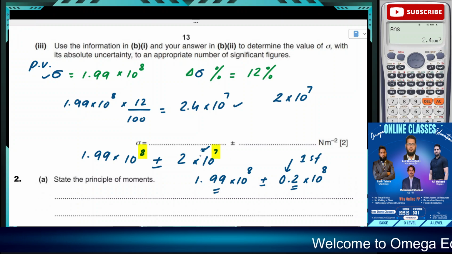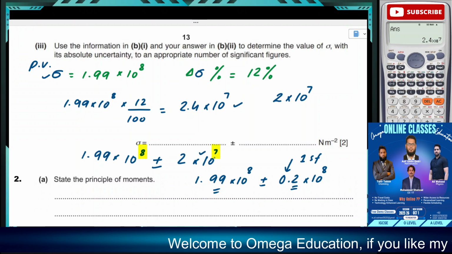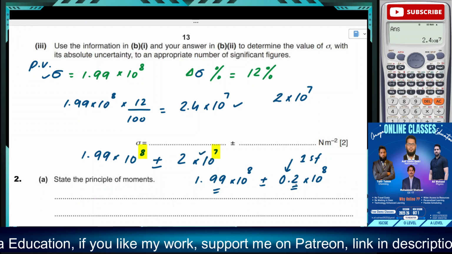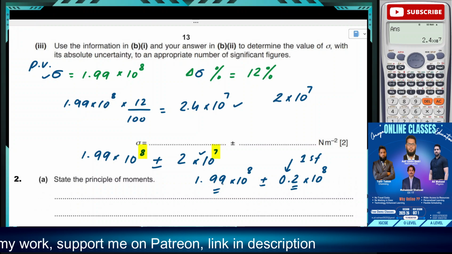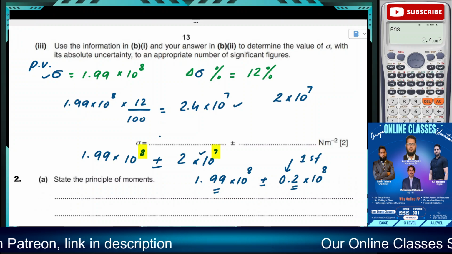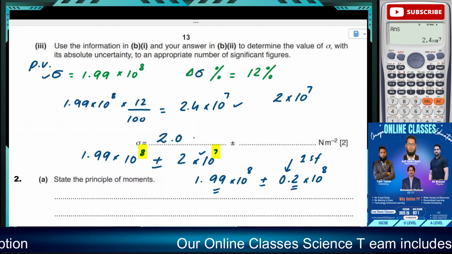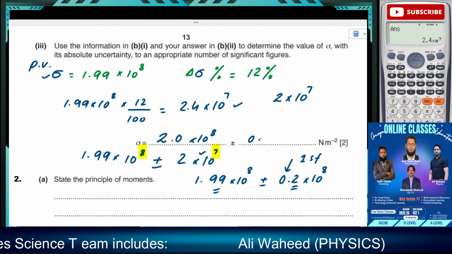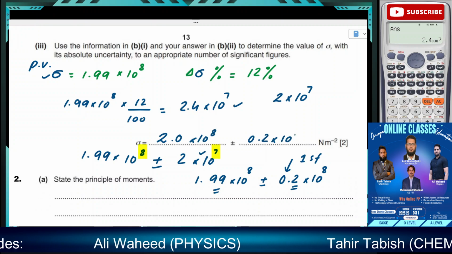You need to round off the principal value to ensure that you have the same DPs for the uncertainty and for the principal value. So this could be written as 2.0 into 10 to the power 8 plus minus 0.2 into 10 to the power 8.